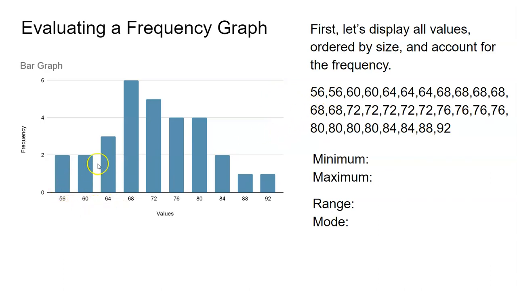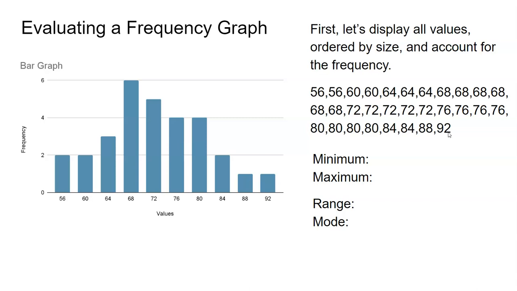We have 2 56s, so I put 56 2 times. Then I move on to 60. 60 appears 2 times. I put the 2 60s. We have 3 64s. Then the 6 68s. Then the 5 72s, the 4 76s, the 4 80s, the 2 84s, and the 1 88 and the 1 92. So we ordered the data from least to greatest while taking the frequency into account.